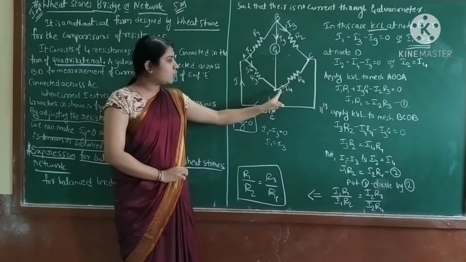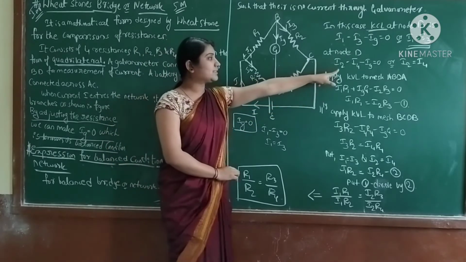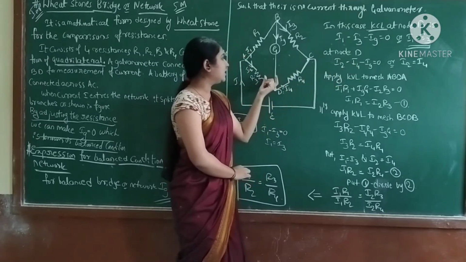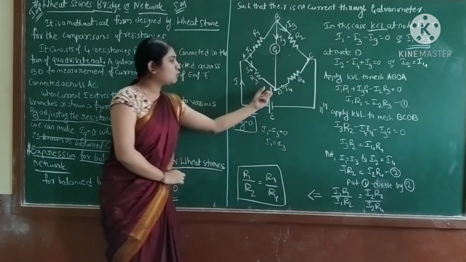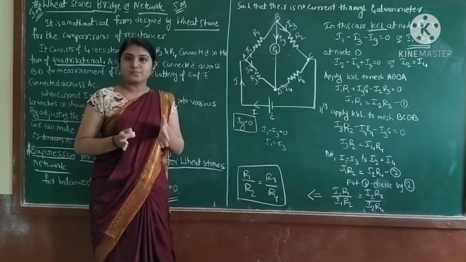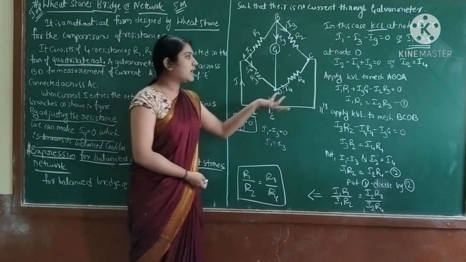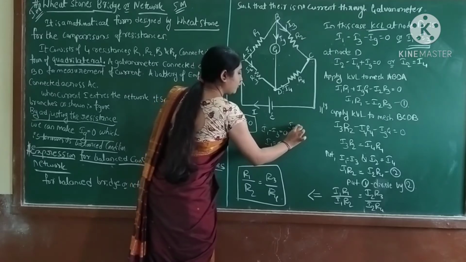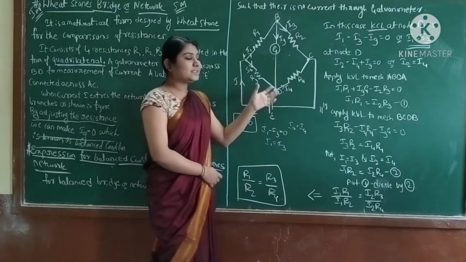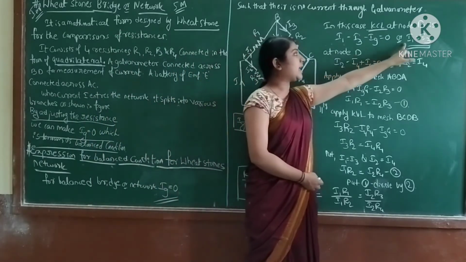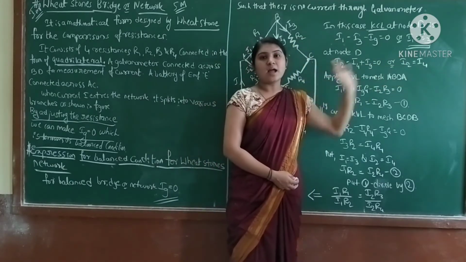Then I4 is moving away from D, so take it as negative. So I2 minus I4, and IG we take as plus IG because it is coming towards D. Again IG will be 0, so now we get I2 is equal to I4. So by doing this we come to know that the current I1 is equal to current I3 and current I2 is equal to current I4.